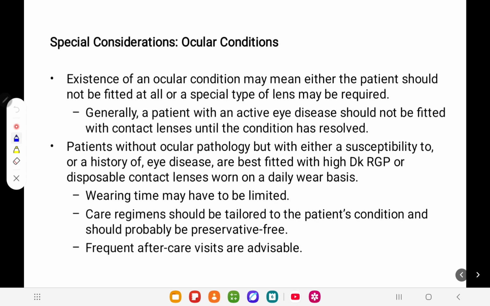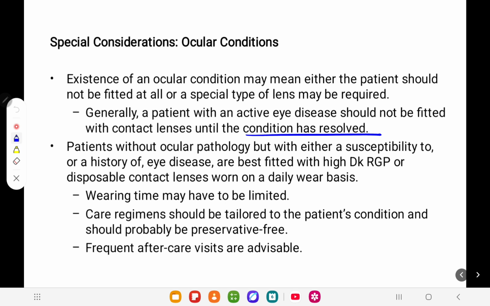So special conditions, ocular conditions. What are the special conditions? The existence of an ocular condition may mean either the patient should not be fitted at all or a special type of lens may be fitted. That's why you must distinguish ocular conditions. Generally, a patient with active eye disease should not be fitted with a contact lens until the condition is resolved.